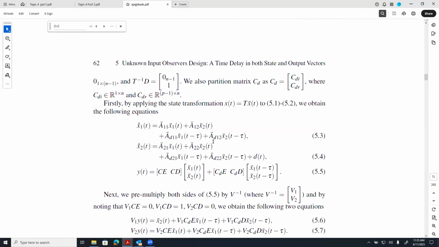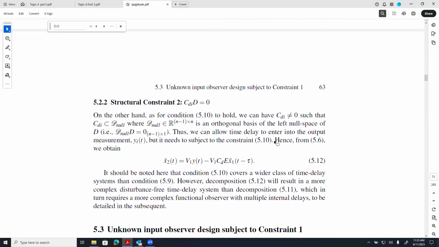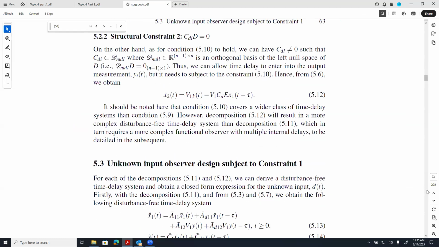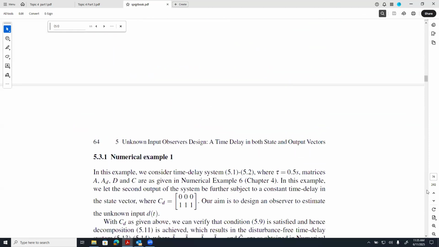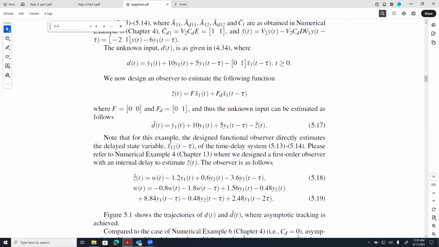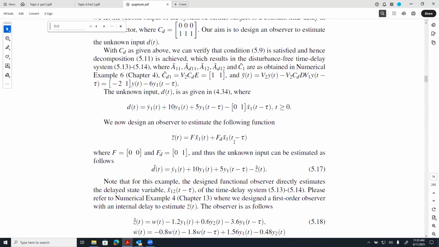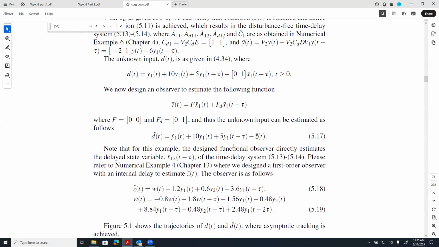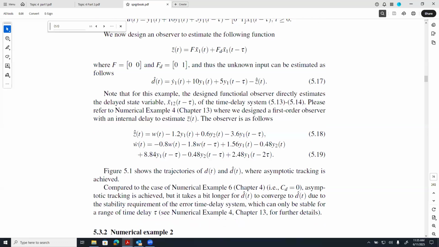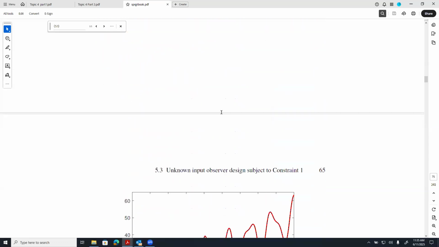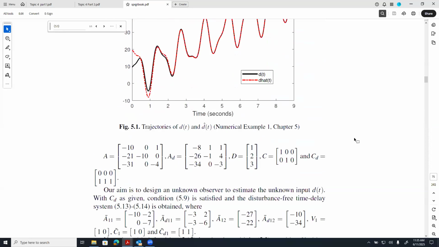So chapter 5 in the book, if you have time, please, when you go through it, you will see that's the kind of development we had. We also have extensive illustrative numerical examples. At the moment, we are not showing the numerical example yet. We just show the decomposition, and the design of those functionals will then be realized in the next discussion.